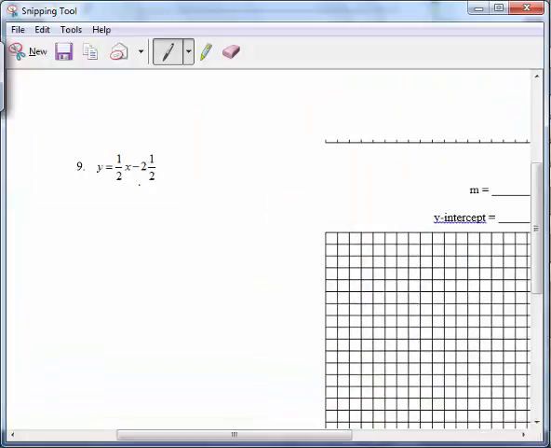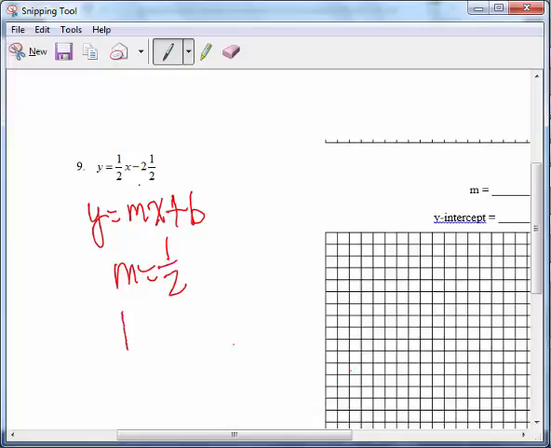Okay, so our slope, y is mx plus b. M is 1/2, and our b is negative 2 1/2.